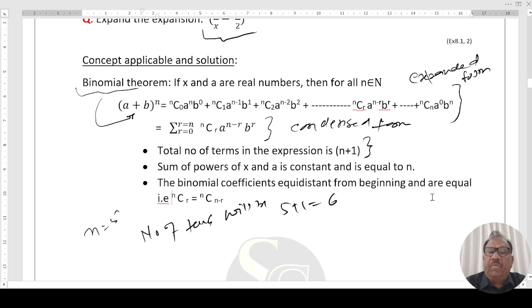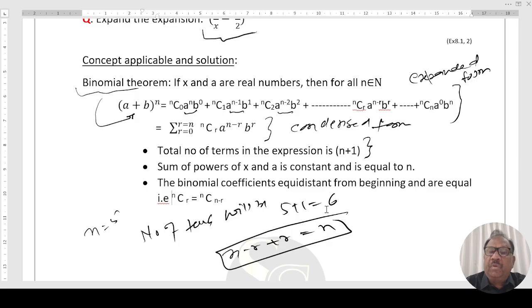Right? Sum of powers of x and a is constant. Here n minus r plus r comes out to be n. Sum of powers of a and b is always constant, that is equal to n.